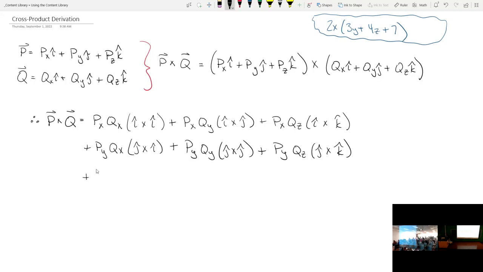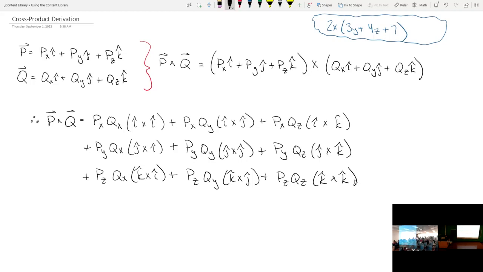Okay, plus PZ QX K cross I, plus PZ QY K cross J, plus PZ QZ K cross K. The latent mathematician in me wants to say we just went through a series of permutations, every potential combination of these, or every potential iteration, all right? Okay. Does that make sense? Okay.